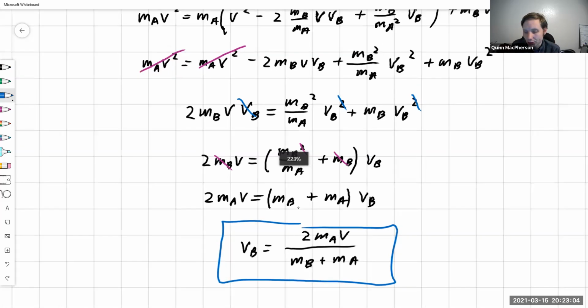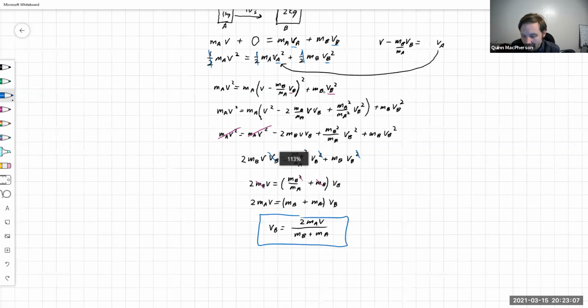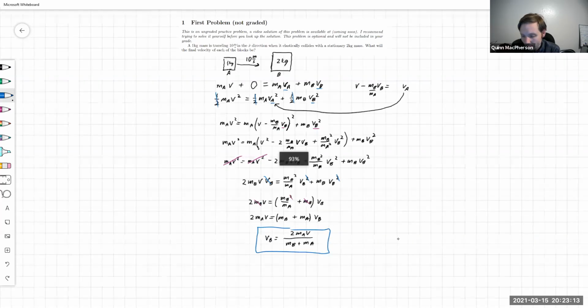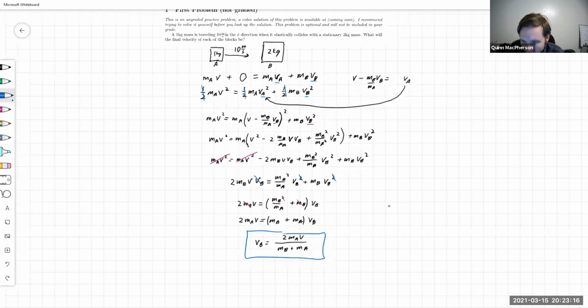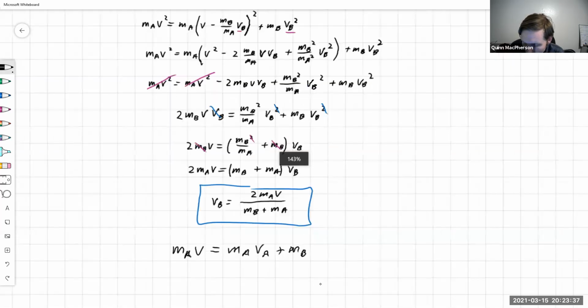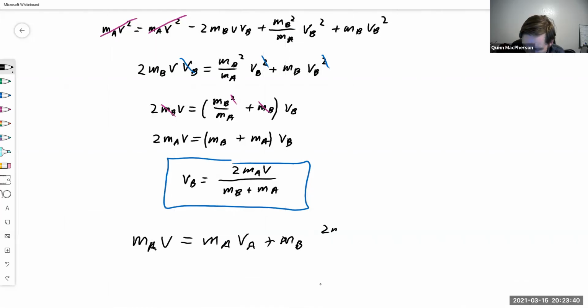How might I find the velocity of block A? Well, I can just recycle the conservation of momentum equation. Let's just write that one down again. So writing it down again is MA V is equal to MA VA plus MB times VB, but VB we know to be 2 MA V over MA plus MB.